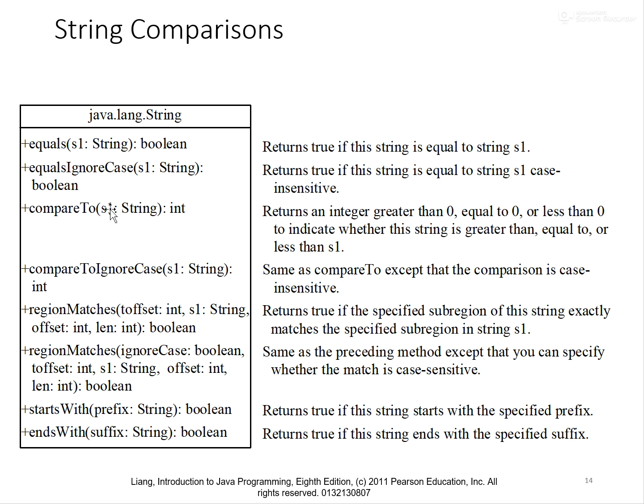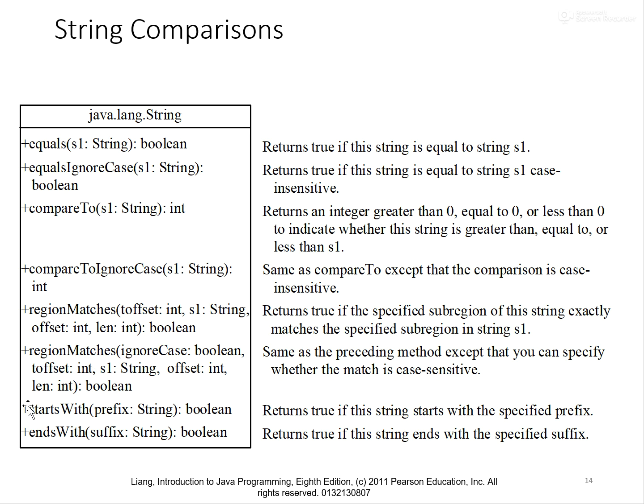The compareTo method also has a variation that ignores the upper and lower case of letters in the string. So compareToIgnoreCase, similar to the ignore case version of equals. Try out the regionMatches one. Maybe we're going to do that in class.